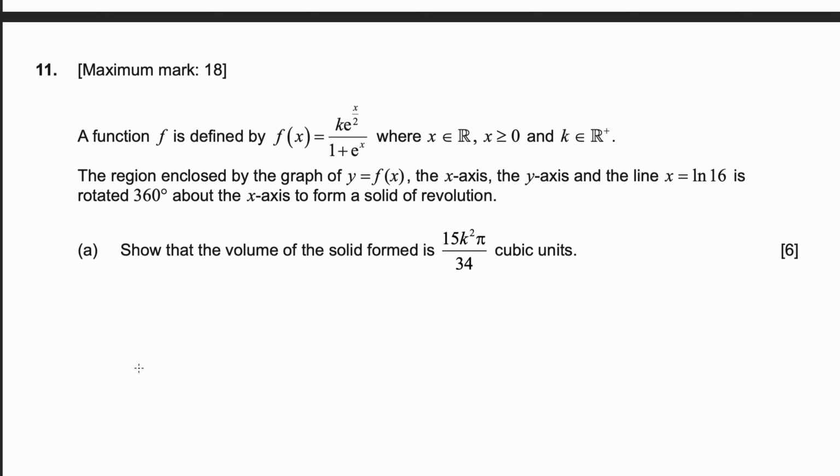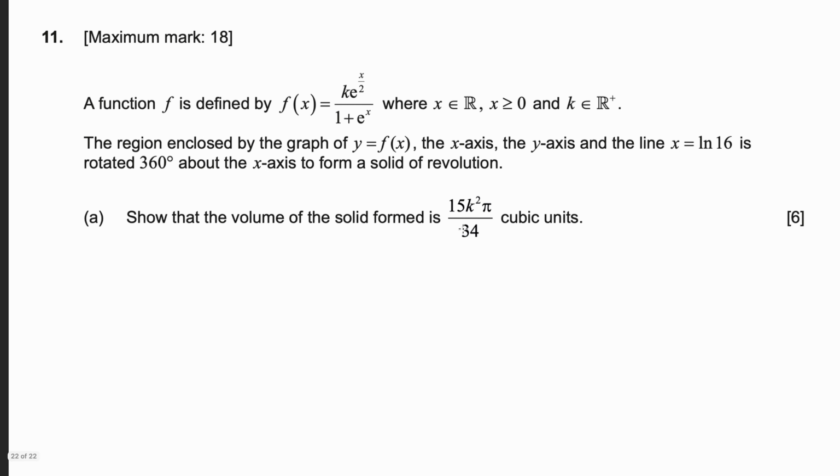Now in part A we're asked to show that the volume of the solid formed is this. Okay, so it's rotated about its x-axis, so you have to use this equation, right? Now limits are 0 to ln of 16.